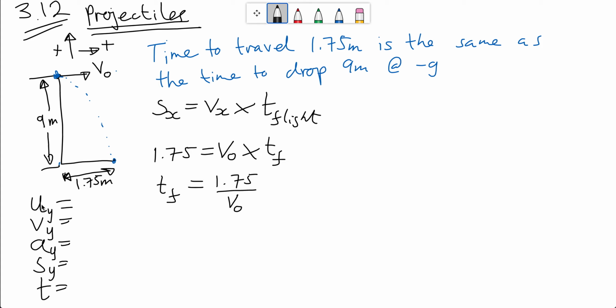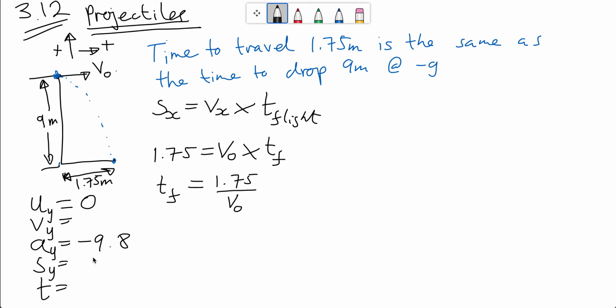The initial velocity in the y direction, of course, is 0, as we said. There's no velocity in the y direction initially. And the final velocity in the y direction, when it comes down here, we don't care about.